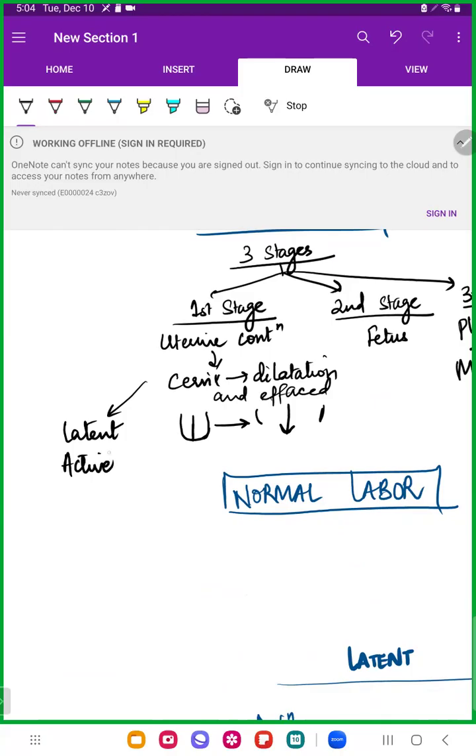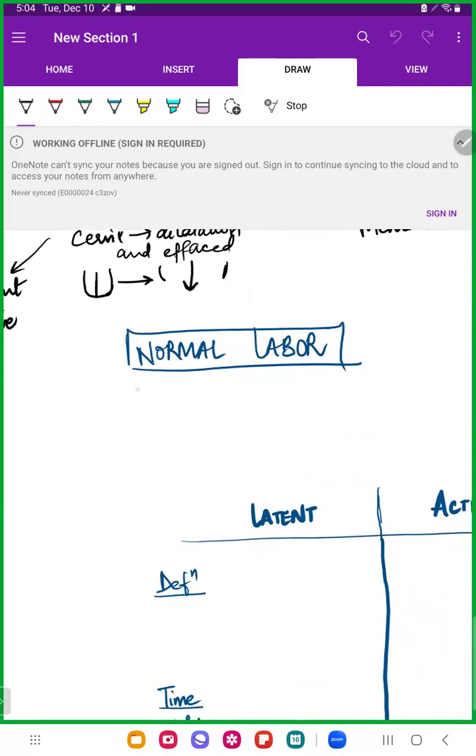Now there's something called normal labor. So what do you understand by normal labor? For a labor to be called normal, there are certain criteria which are to be fulfilled. So it must start at full term gestation. Full term is 37 to 42 weeks, right? Next is the onset and progression.